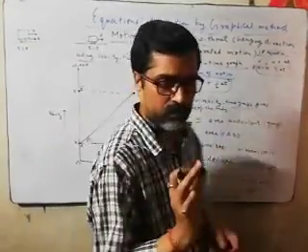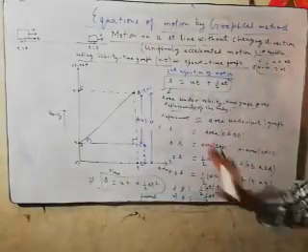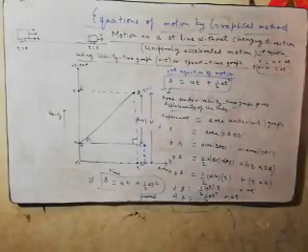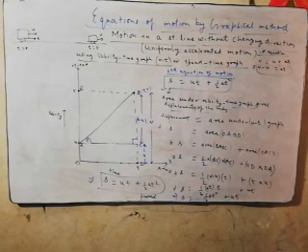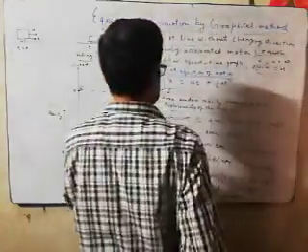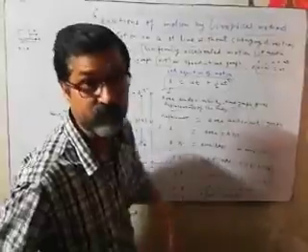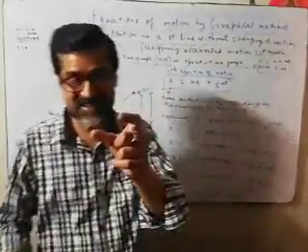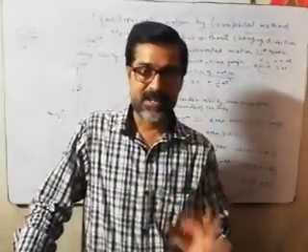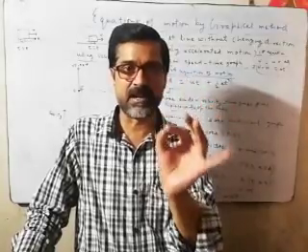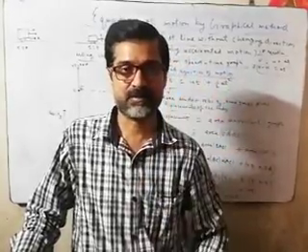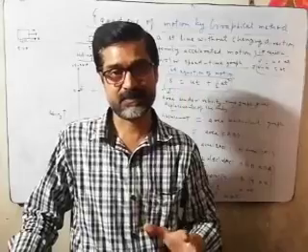Let us try to understand once more what we have done. This is the second equation of motion. Here we used one more concept of the velocity-time graph. The concept is very simple: the area under the velocity-time graph gives displacement or distance.